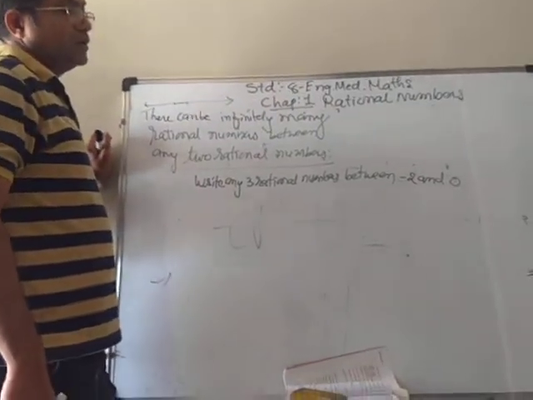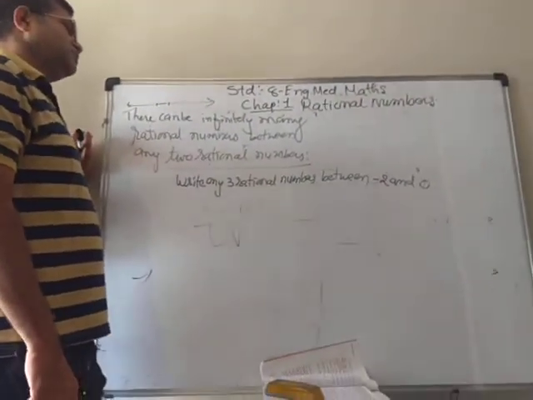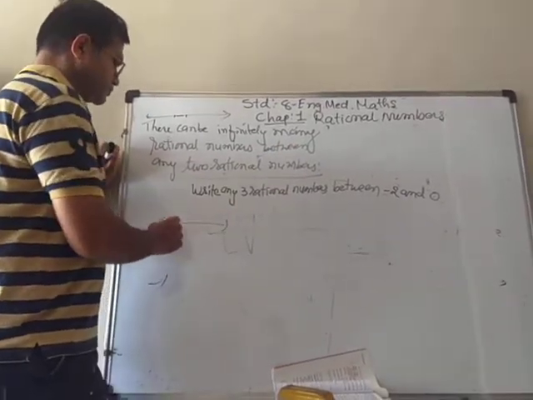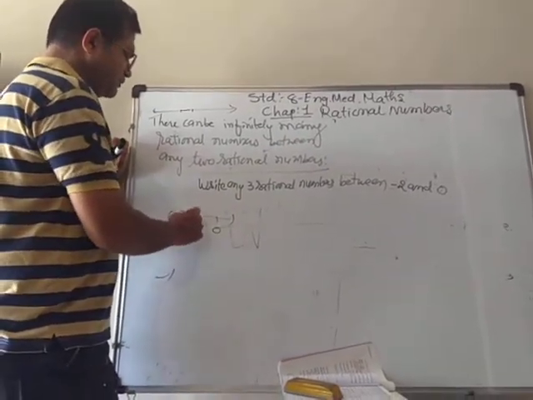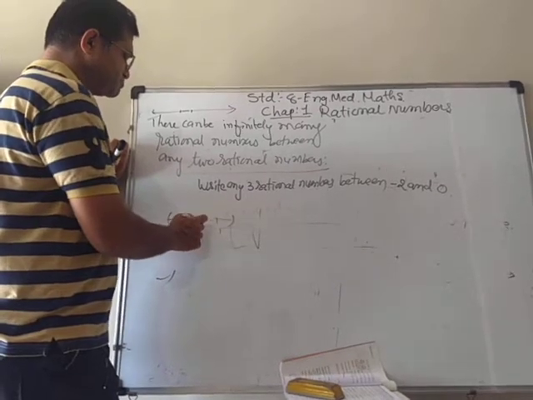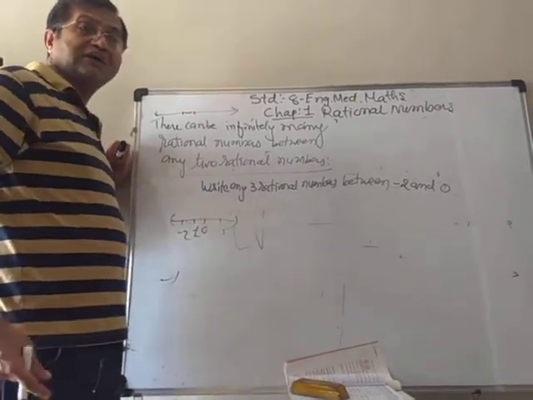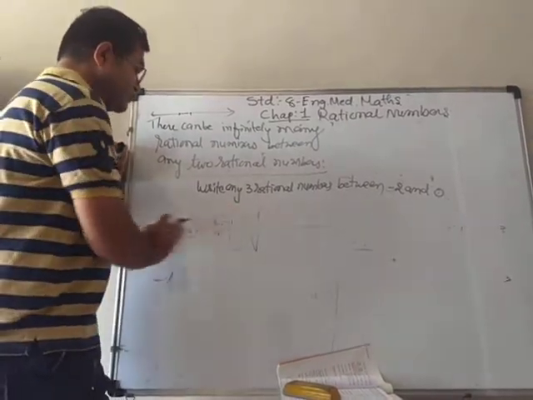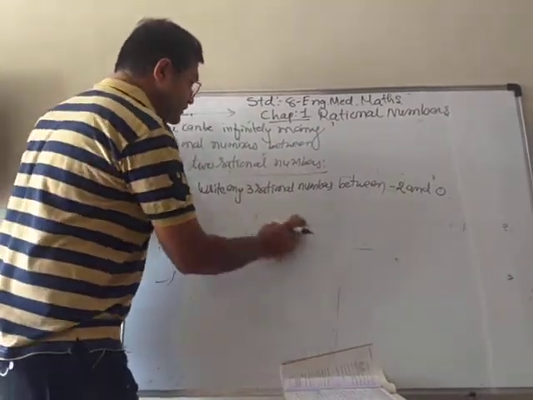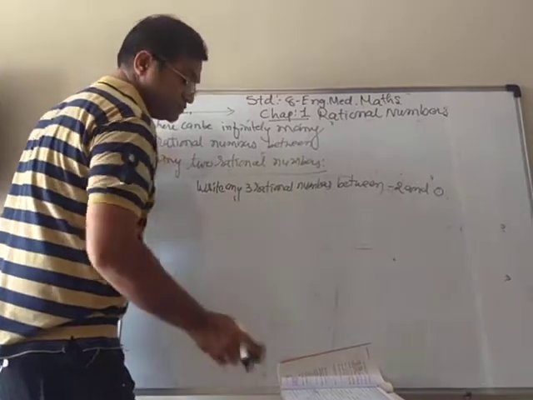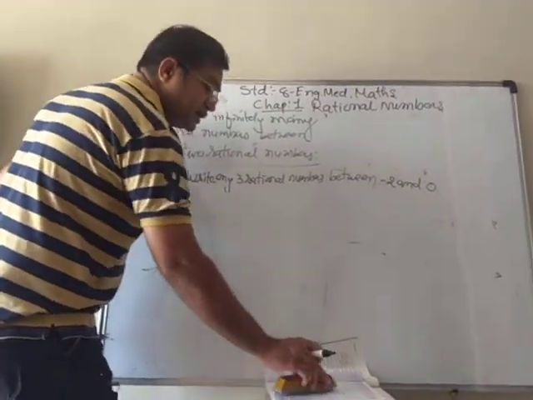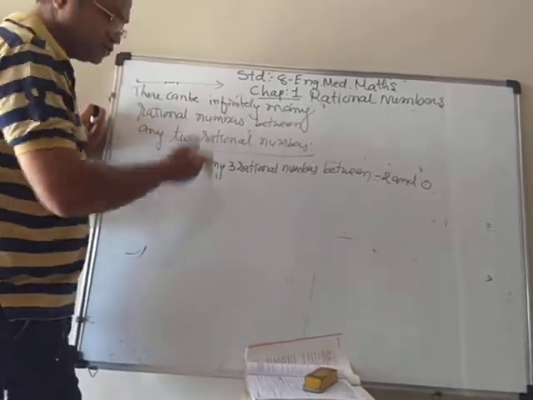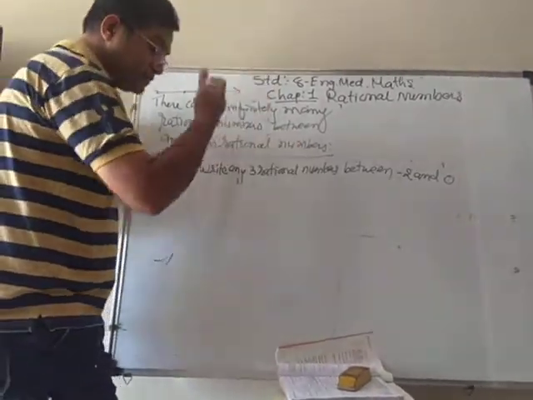Now you can say that between -2 and 0 there is only one number, -1. But that is an integer. We don't have to find integers, we have to find rational numbers. How many? 3 rational numbers between -2 and 0.